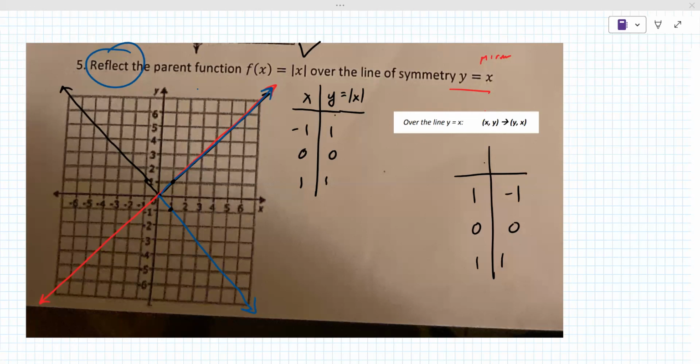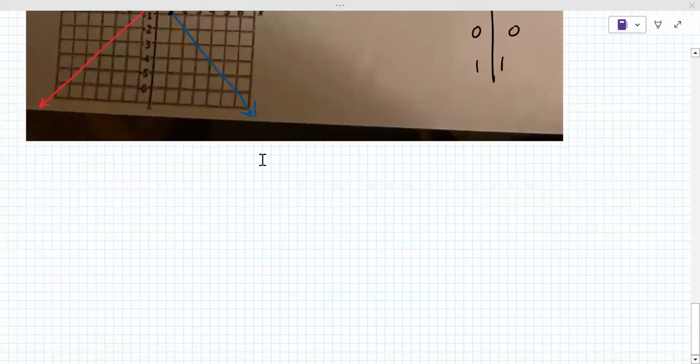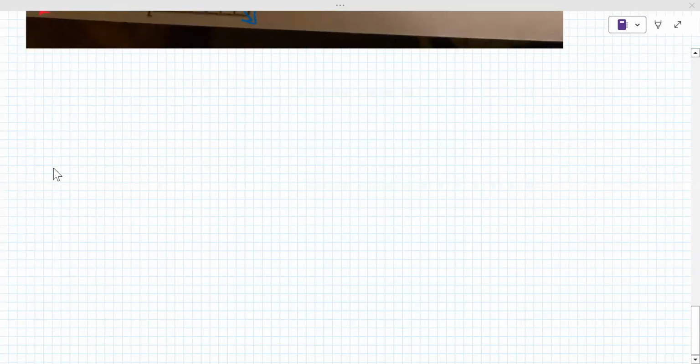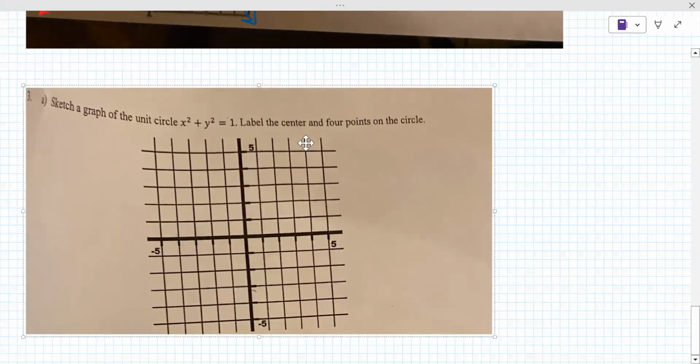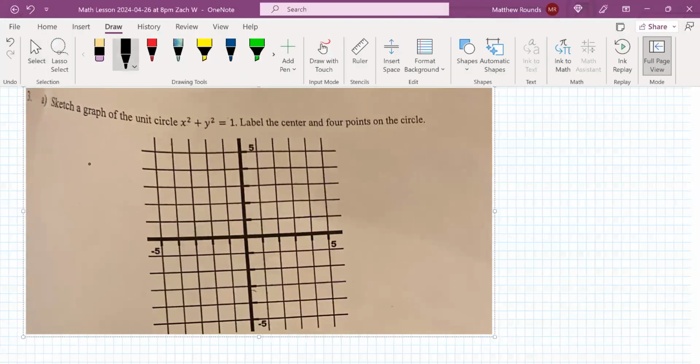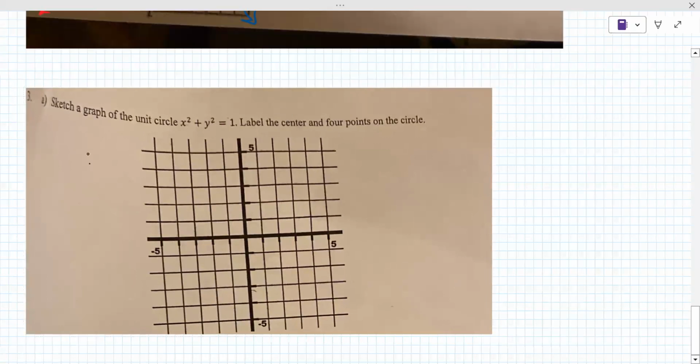The next page here: sketch a graph of the unit circle. It says to label the center and 4 points on the circle. Okay, so we're going to make a table, x, y, and I'm going to help here. Let's say x is -1, 0, and 1.